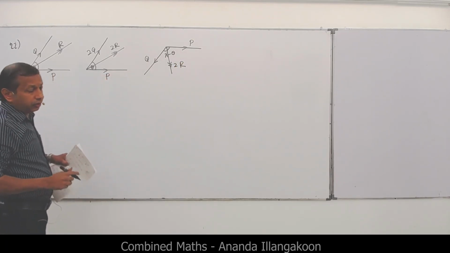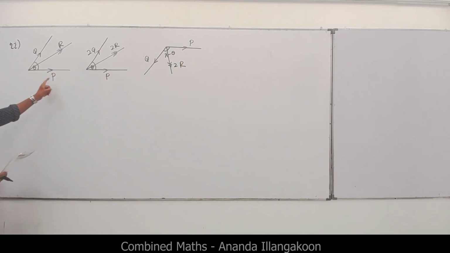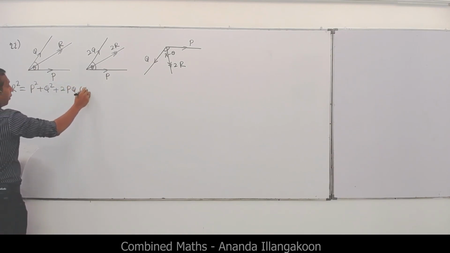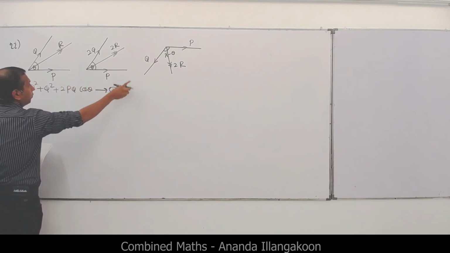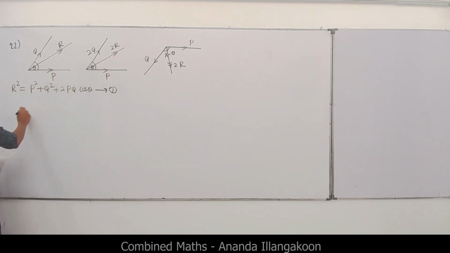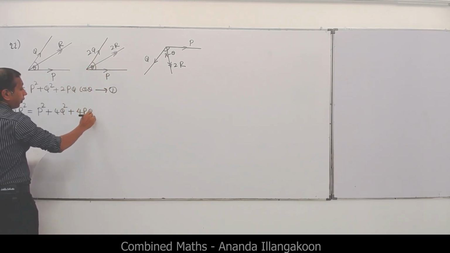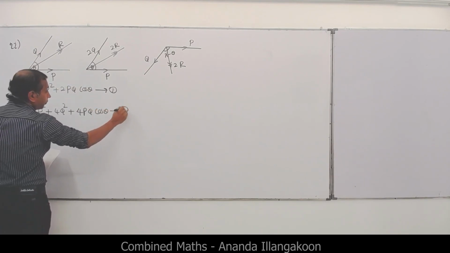Right. Now we can write three equations for these three situations. First one, R squared is equal to P squared plus Q squared plus 2PQ cos theta. Number one. For this one, 2R squared means 4R squared equals P squared plus 4Q squared plus this into 2 means 4PQ cos theta, number 2.